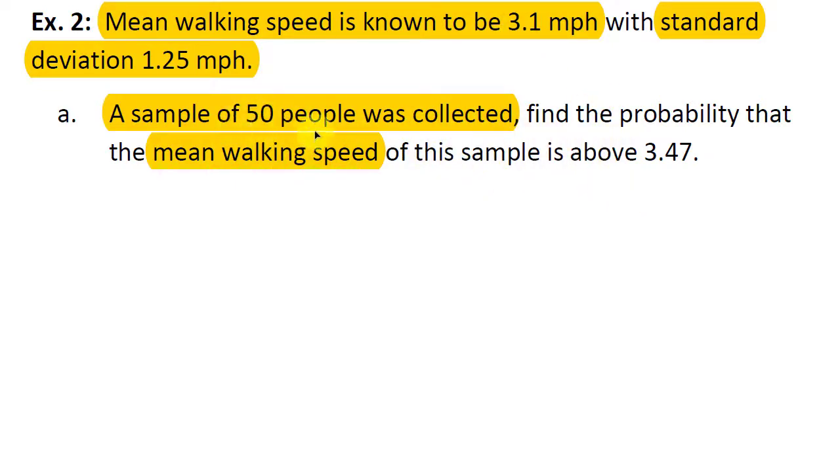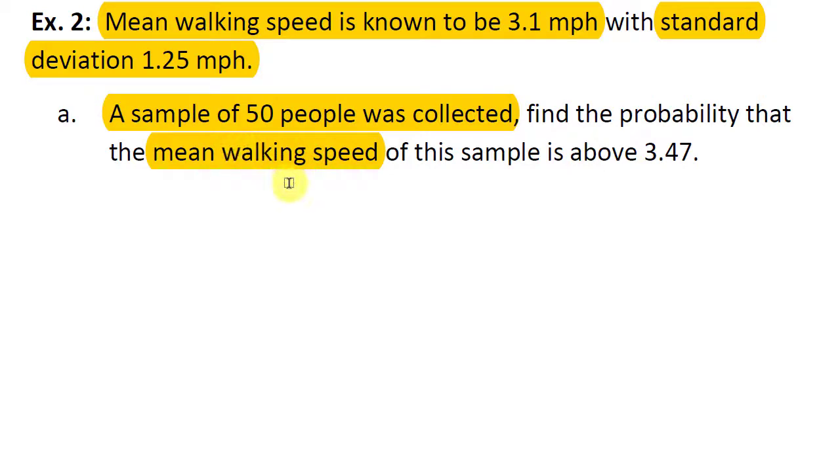Maybe we pick a sample, and now we have a 3.15. Maybe we pick another sample, and that sample walking speed is a 3.4. Maybe we pick a third sample, and the walking speed on the third sample is a 2.99.